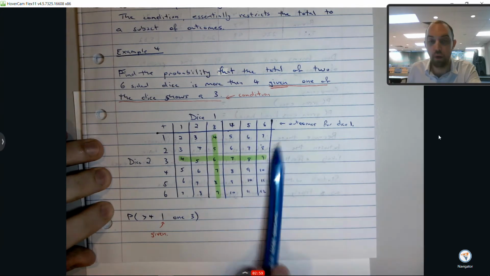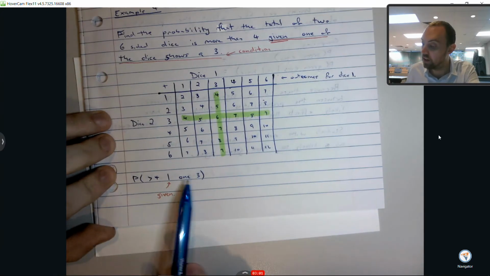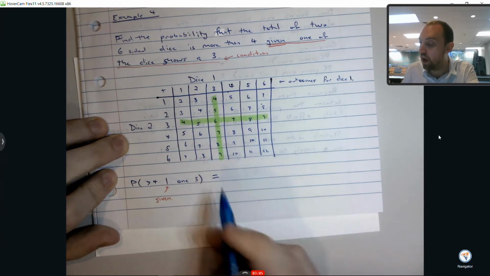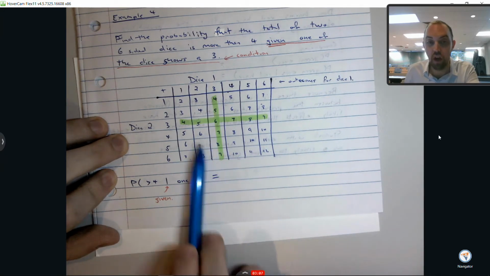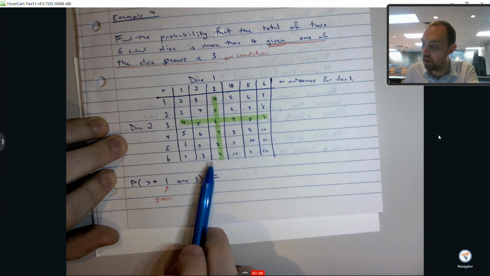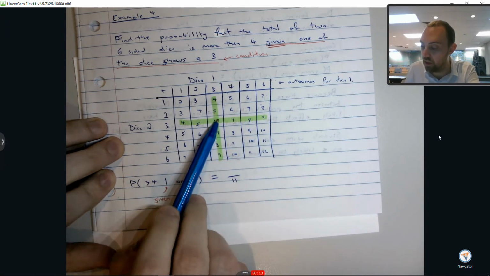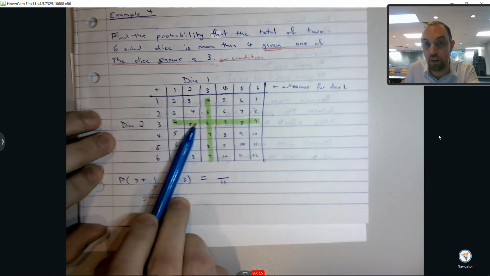We're not even bothering with the rest because they don't have a 3. So out of those outcomes, there is 11, not 12, because we don't want to count this crossover twice.